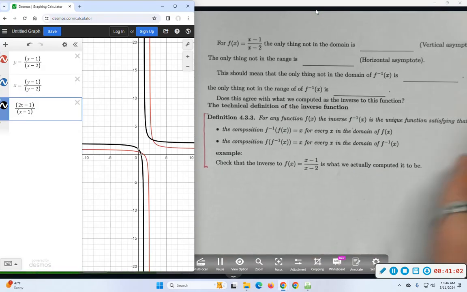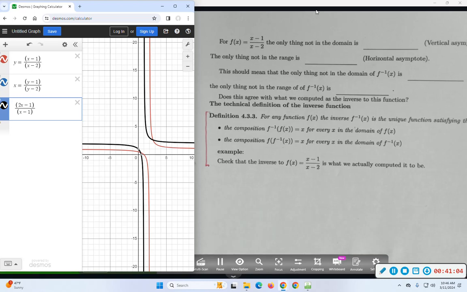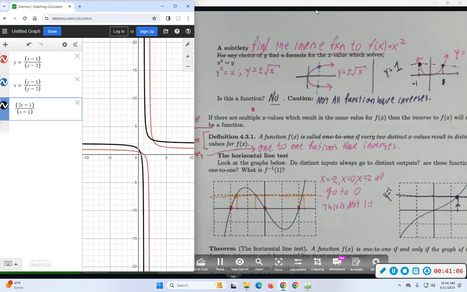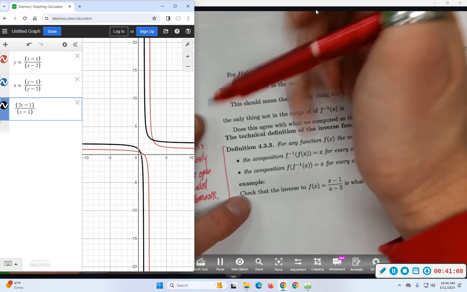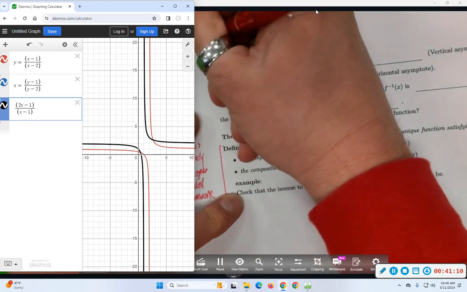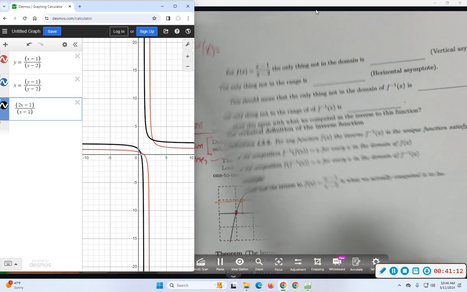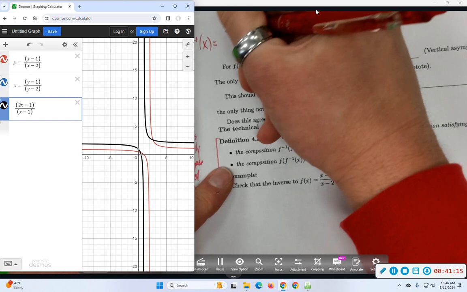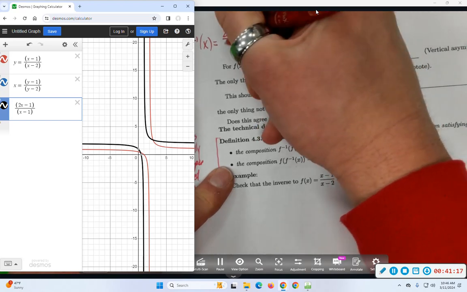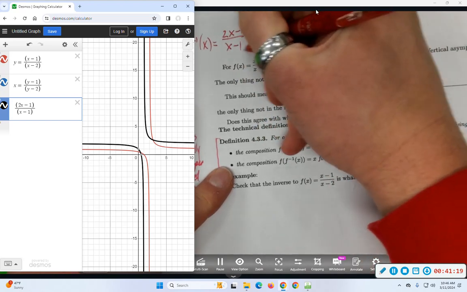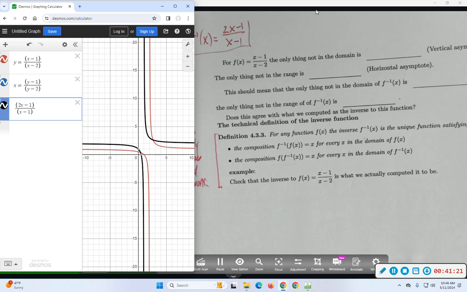So for f of x equals x minus 1 over x minus 2, we got f inverse of x equals 2x minus 1 over x minus 1. Let's just hold on to that off to the side.